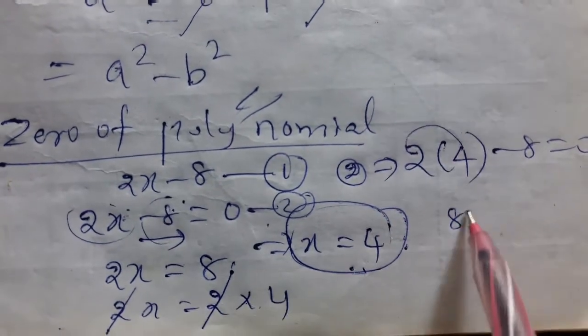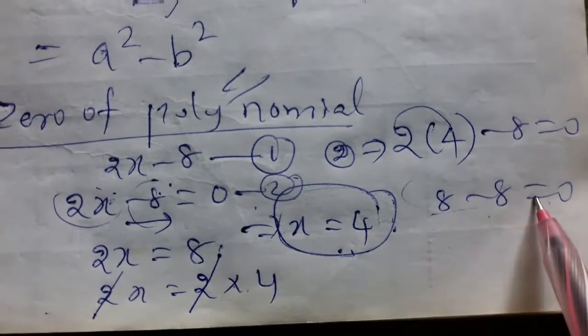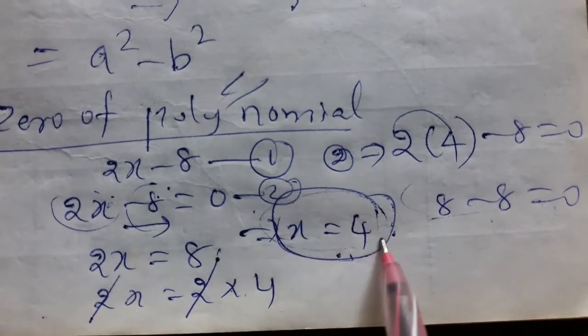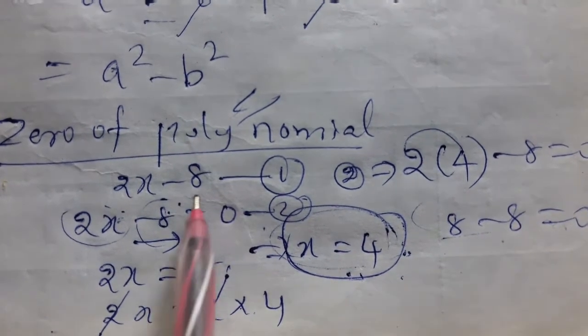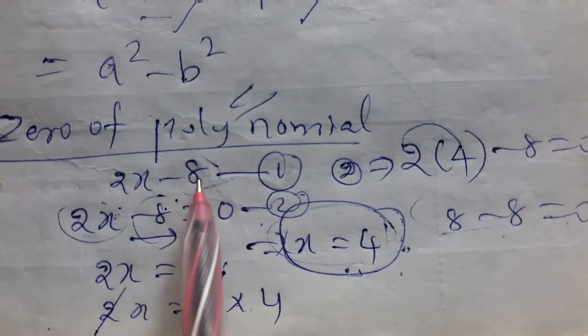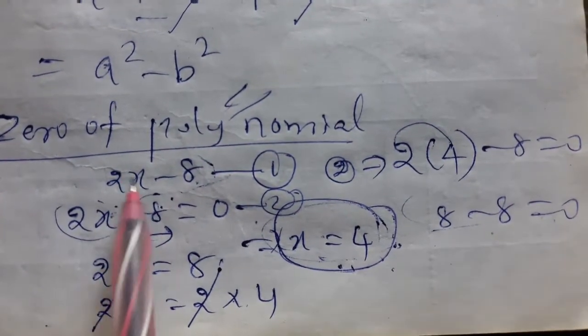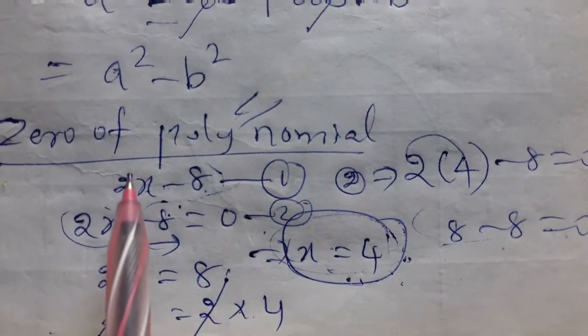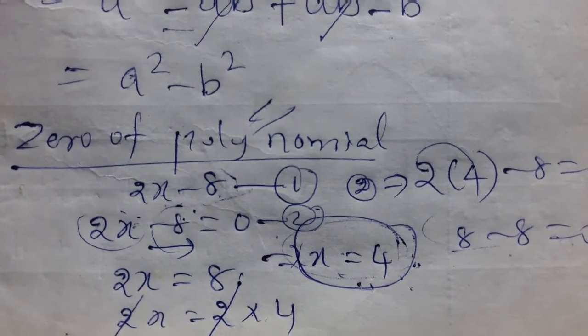See here, 2 fours are 8, 8 minus 8 is 0, so it becomes 0. So that's why x equals 4 is a zero of the polynomial, that means 2x minus 8 is a polynomial. So x equal to 4 is the zero of the polynomial of the given equation, that is 2x minus 8, isn't it? Like this.